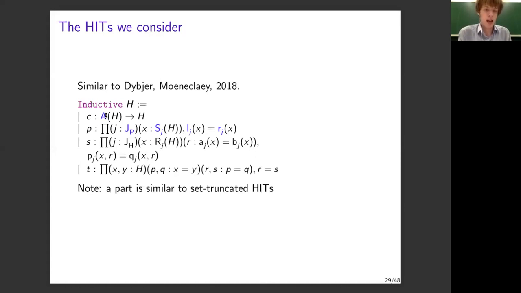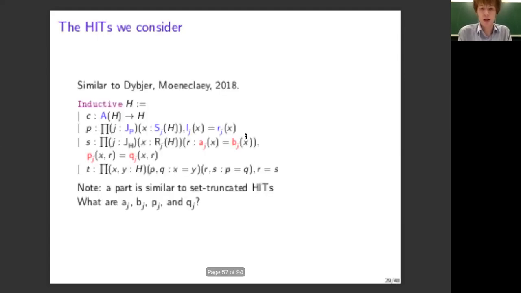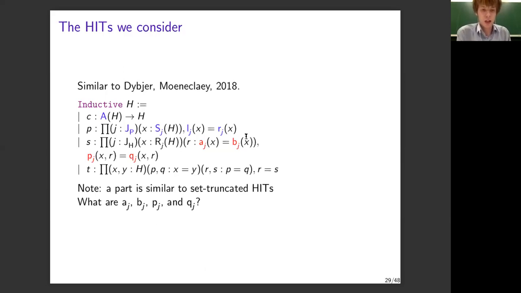So A will again be a polynomial, JP will again be just a type, SP will be a polynomial, and LJ and RJ will be path endpoints. But there's also something we didn't have before, a two-path constructor. And there are two interesting parts of this definition.